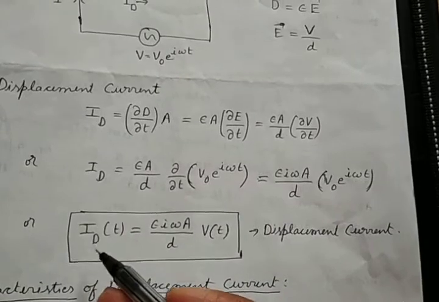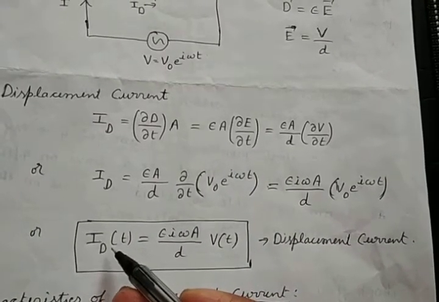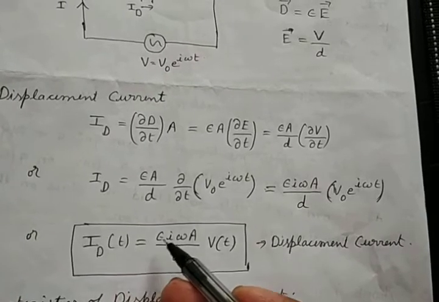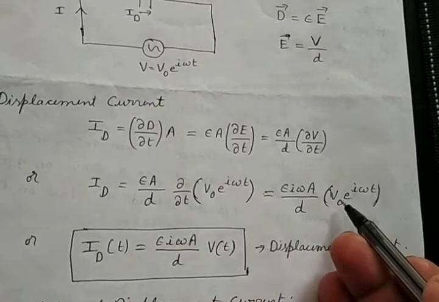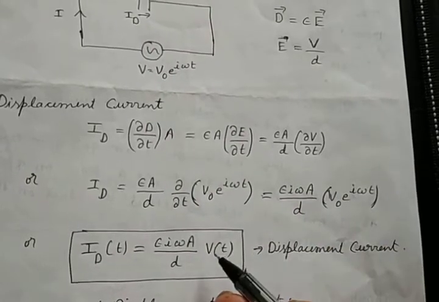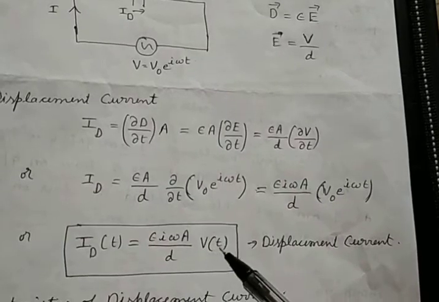Therefore we can write the displacement current expression as ID(t) equal to epsilon iω A by d, and V0 e^(iωt) is nothing but the applied voltage, so we can write it as V(t).